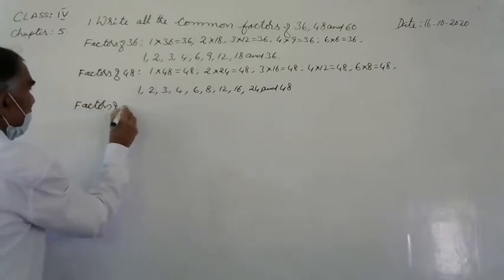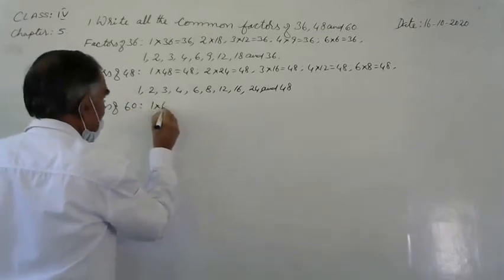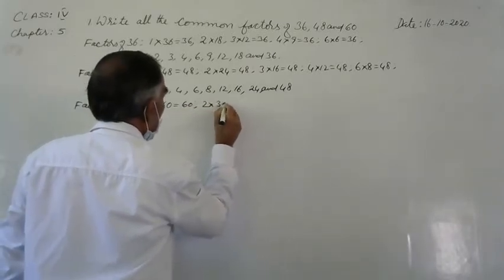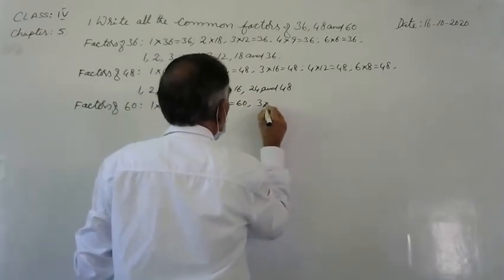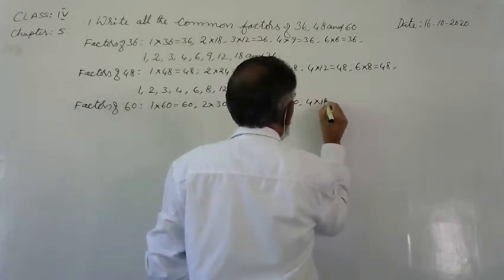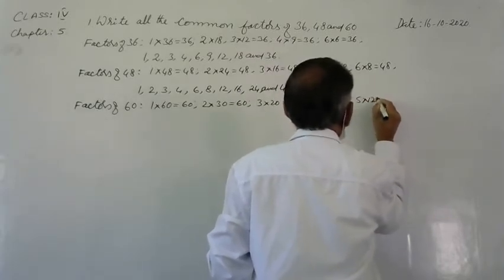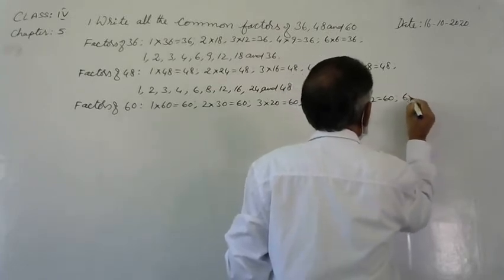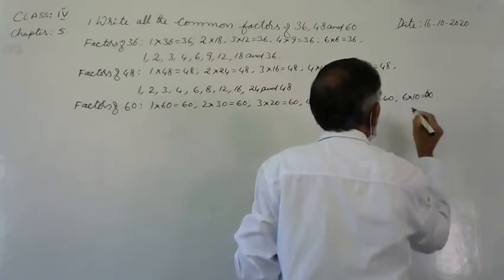Then you write the factors of 60. While writing the factors: 1 × 60 is 60, 2 30s are 60, 3 20s are 60, 4 15s are 60, 5 12s are 60, 6 10s are 60.